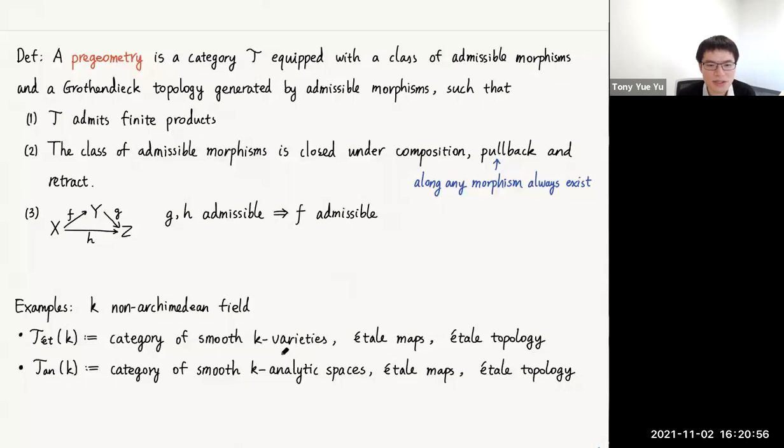So we will build the derived theory just starting from this pregeometry. And as we see, we only need to consider quite simple objects, these smooth analytic spaces.